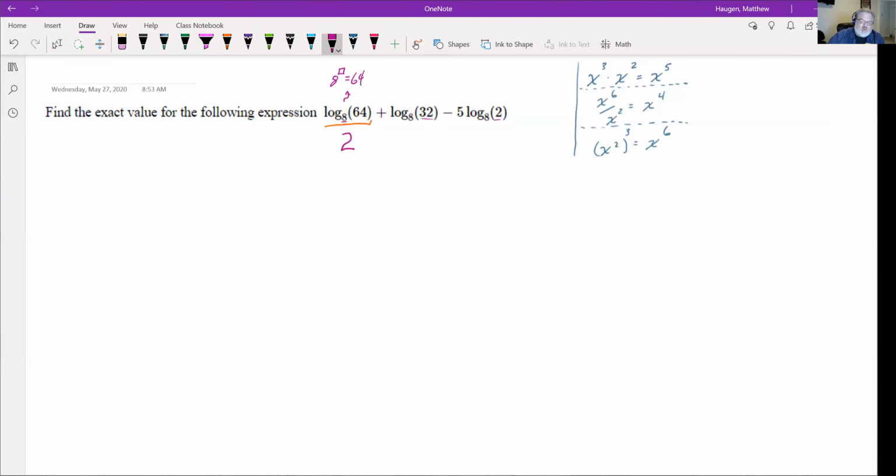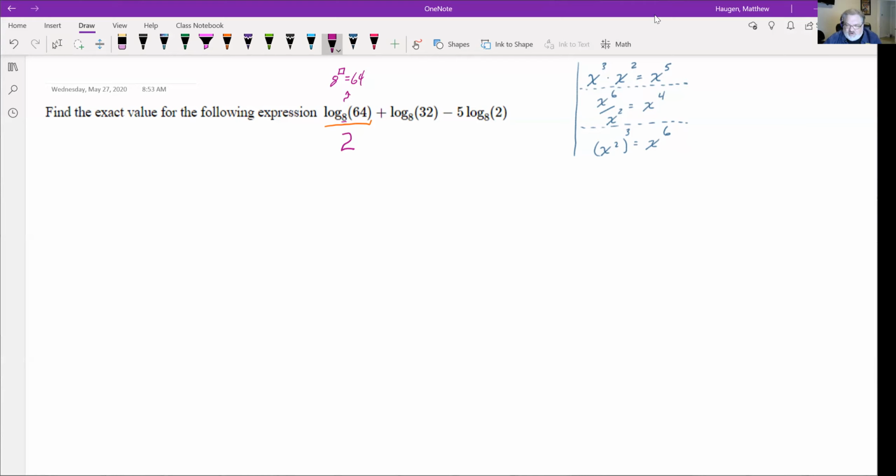I don't know, 8 to some weird power is 2. So those aren't being comparatively nice. So we look at, okay, are there ways that we can manipulate these that might be more useful?